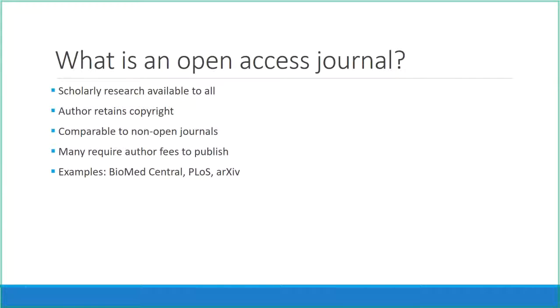The author almost always retains copyright, and open access journals are generally comparable to non-open journals, meaning that many of them go through peer review, just like print journals, and they all have different metrics on how often they're cited, how good they are. And some open access journals are ranked way high up there, just like the traditional journals that have been available for years.